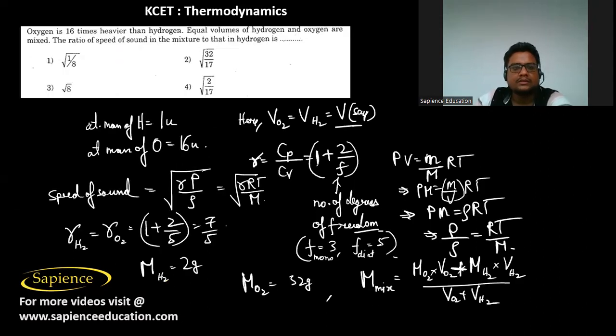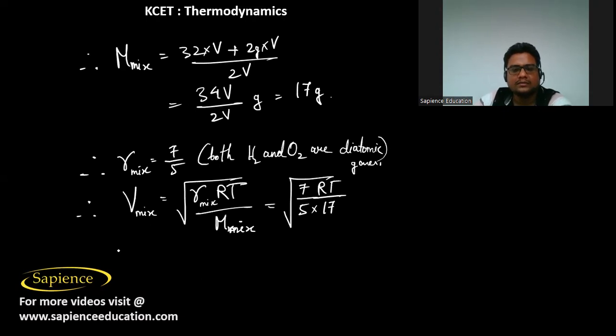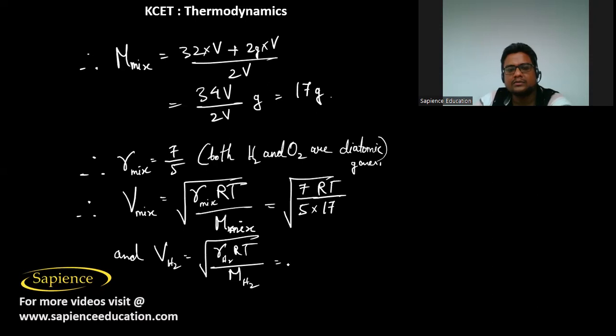Here we assume the temperature is constant. And the velocity of sound in hydrogen will be the gamma of hydrogen into RT by the molar mass of hydrogen, so this will also be 7 by 5 into RT by 2.